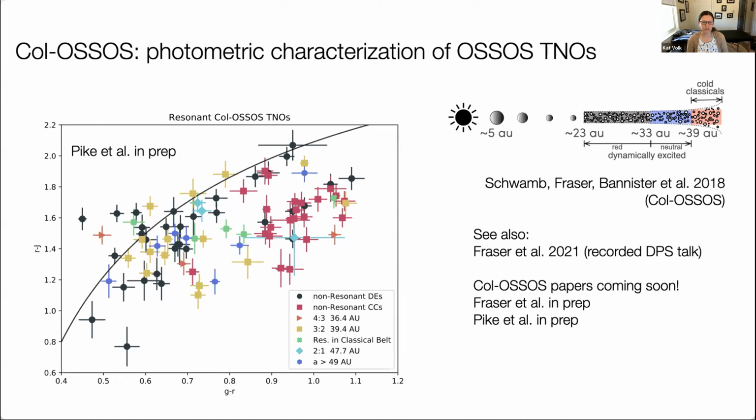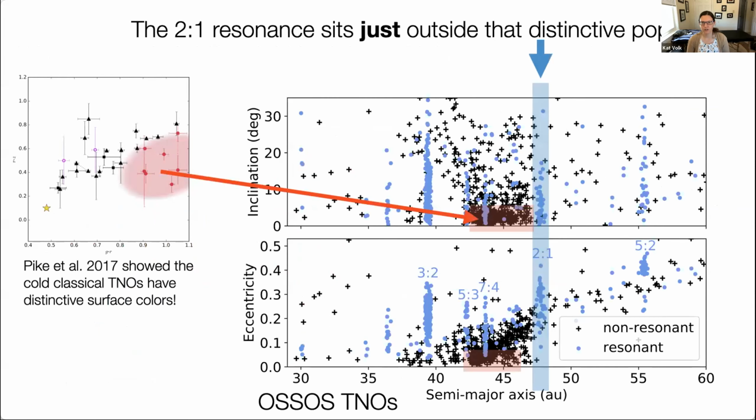But in this plot here, you can still see those red squares showing those distinctive surface colors from the cold classical population. But then you'll note that there's some other dynamical populations that overlap with that region. So those are the interlopers per se that we're looking for. And in particular, the first place we're really looking is the 2-to-1 resonance, because it is just to the outside of this physically distinctive population.